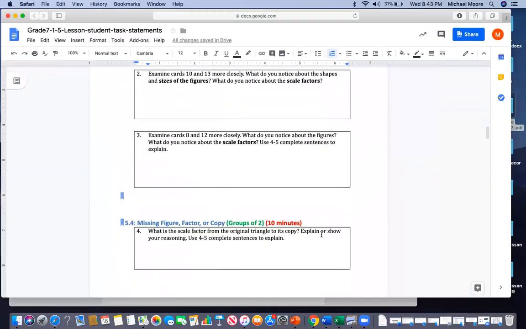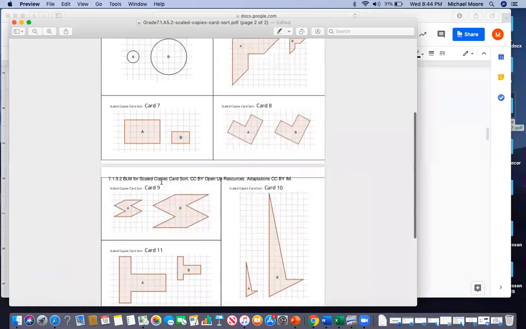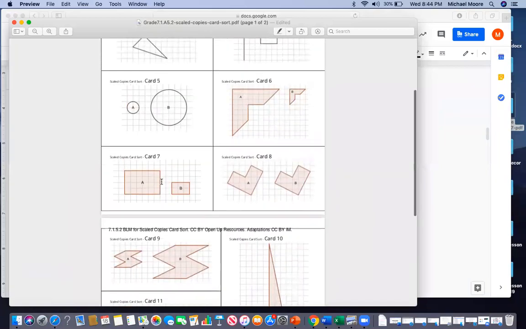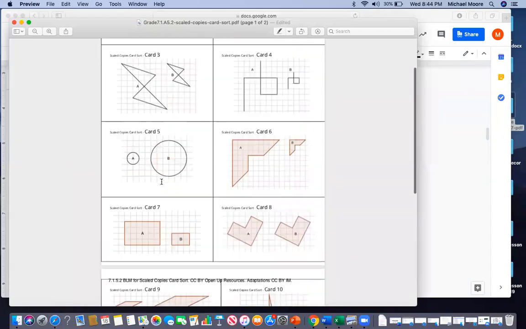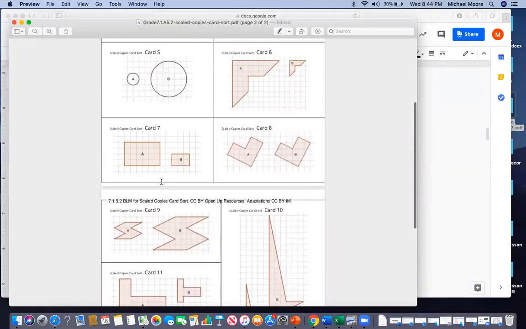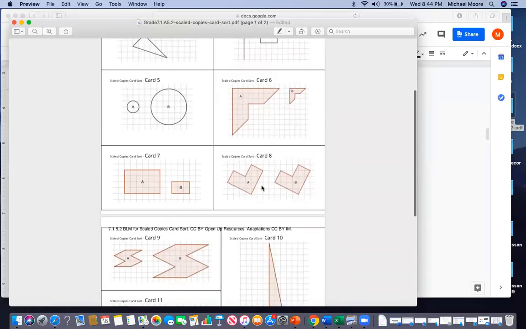They also asked us to look at card 8 and 12. If we look at 8 and 12, we see the same shape. We'd count the diameter. We can also count the angles and sides and see that they're corresponding in length. If we look at card 8, we count the sides, 1, 2, 1, 2.